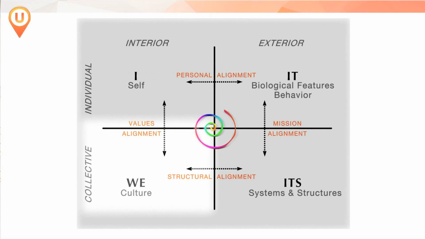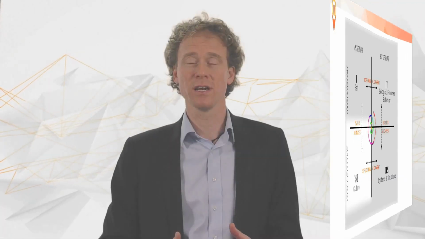If we move down to the lower left quadrant, then we're at the interiors again, but this time of the collective. So what are the invisible dimensions of us when we get together as collectives in organizations, in families, in bigger cultures? Things like our values that we hold together, the kind of unspoken agreements that we have with each other in different contexts.